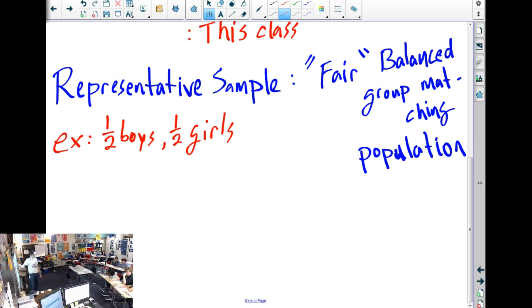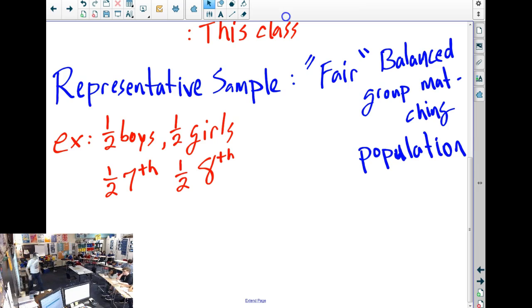So, we would need half boys, half girls, and half 7th and half 8th, right? We got to match our characteristics. Does that make sense how representative kind of just translates to fair? Because it represents those different groups.